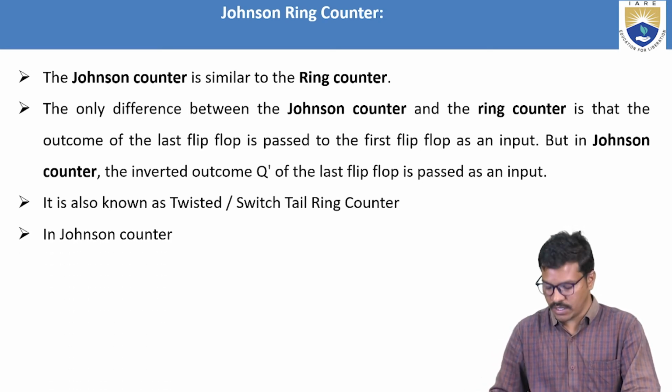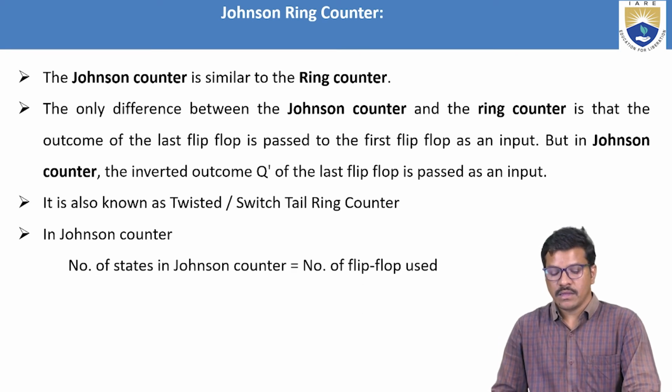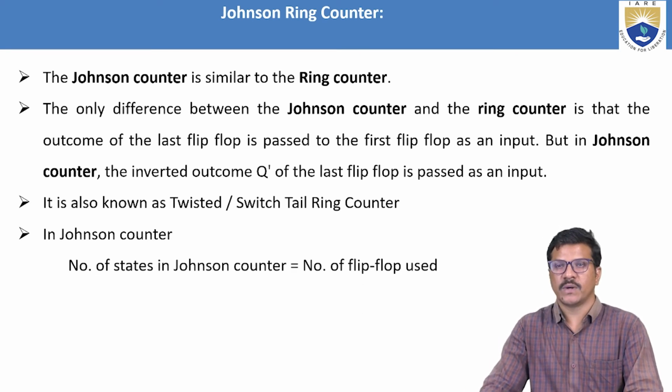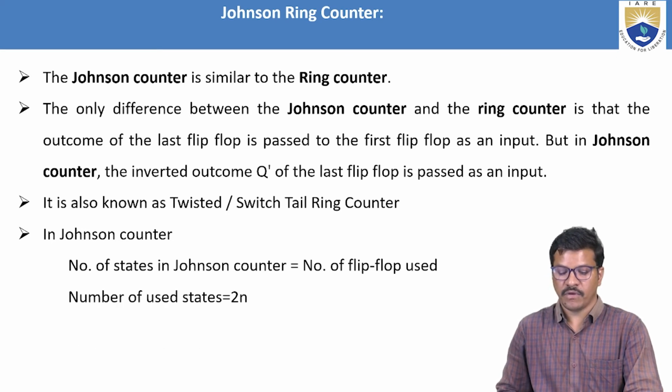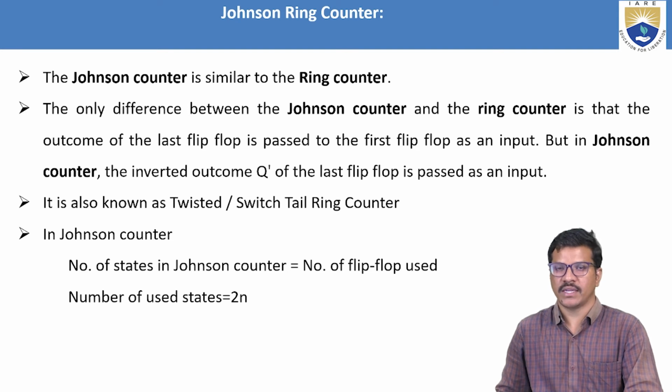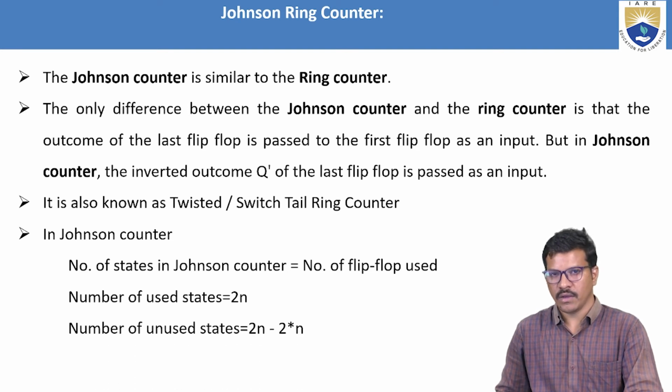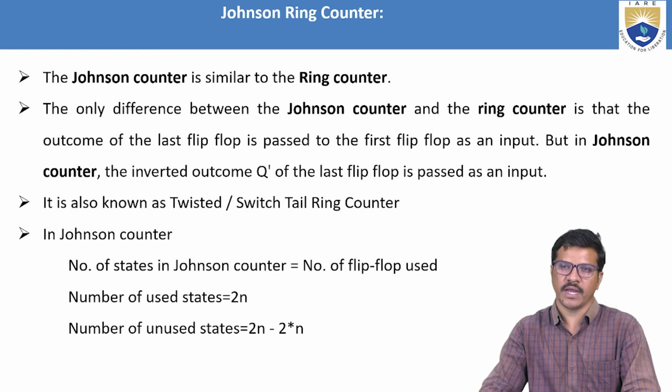In the Johnson counter, the number of stages is equal to the number of flip-flops used. The number of used states is 2 into n. Let us see why it is called 2 into n. We know that with n flip-flops, the actual possible number of states is 2 power n.